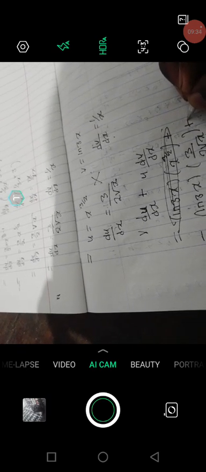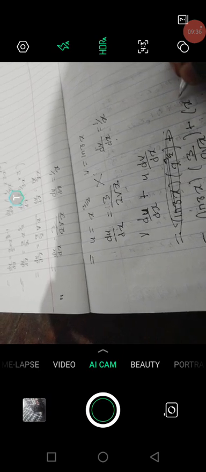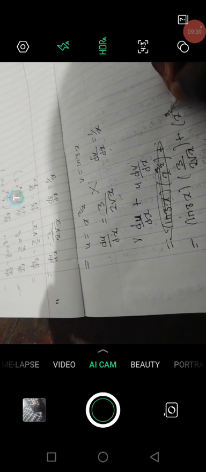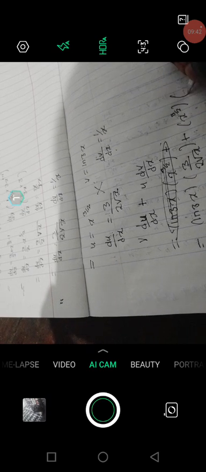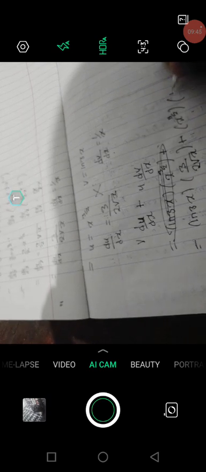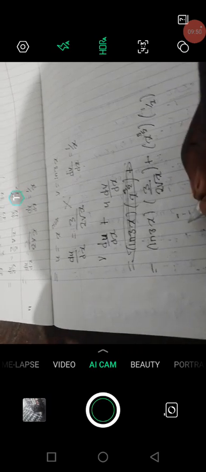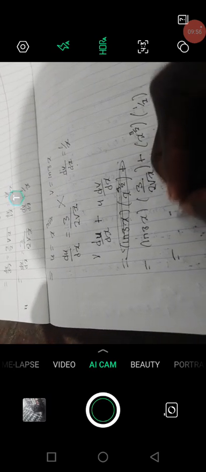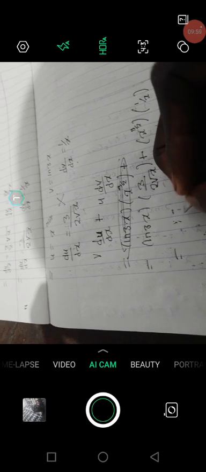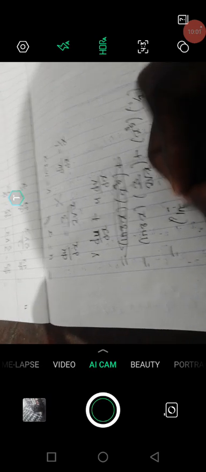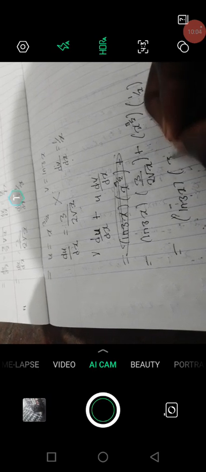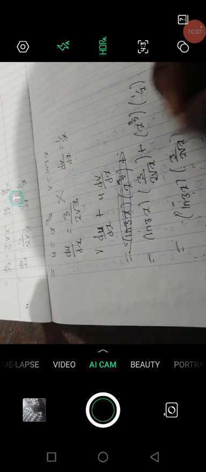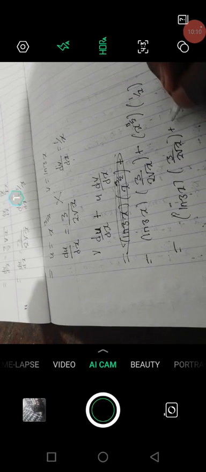Plus, what is my u? It is x to the power 3 over 2. What is my dv over dx? It's 1 over x. Right? If you want, you can end here, or others might write it like this: ln of 3x times 3 over 2 the root of x, plus the root of x to the power 3.